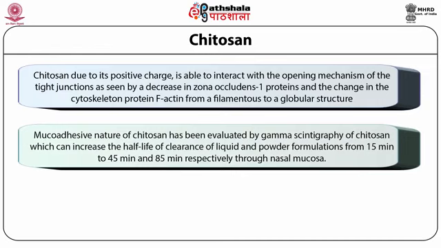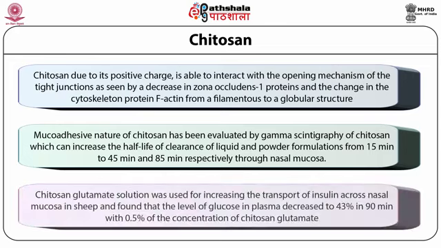Mucoadhesive nature of chitosan has been evaluated by gamma scintigraphy of chitosan, which can increase the half-life of clearance of liquid and powder formulations from 15 to 45 and 85 minutes respectively through nasal mucosa. Chitosan glutamate solution was used for increasing the transport of insulin across nasal mucosa in sheep.